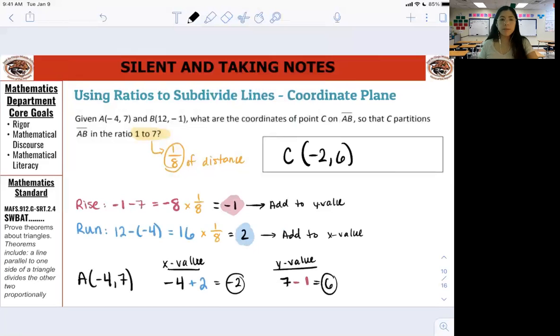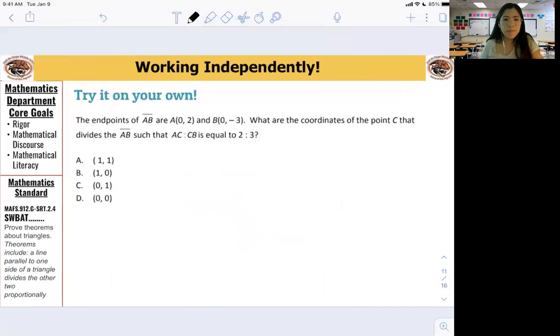All right, ready for another? Here we go. All right, so this one's multiple choice. So go ahead and, same idea, try it on your own. In fact, I'll make it a poll. So whenever you get your answer, you can put it right into the poll and then we'll do it together.